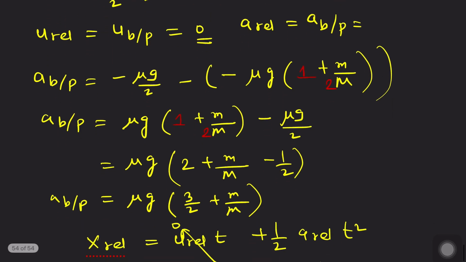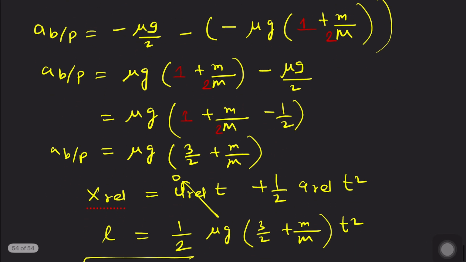So if we solve this, mu g we can take common, and here there is mu g. If we take common, this will become 1 plus m by 2m minus half, that is settled. So it will become half, divided by 2m.